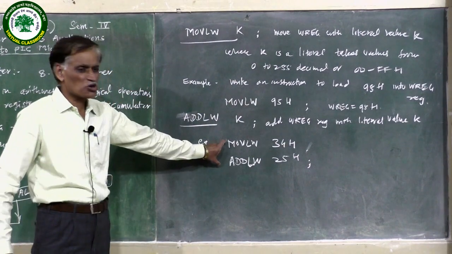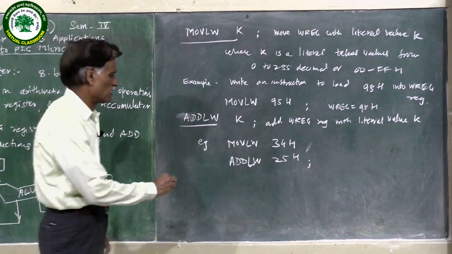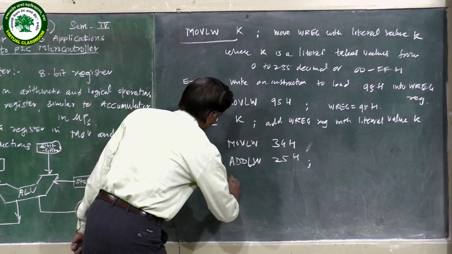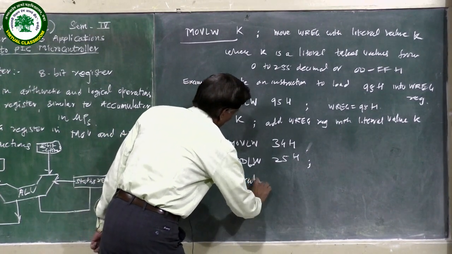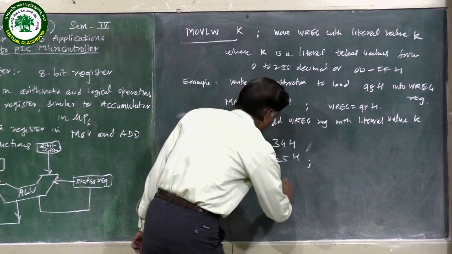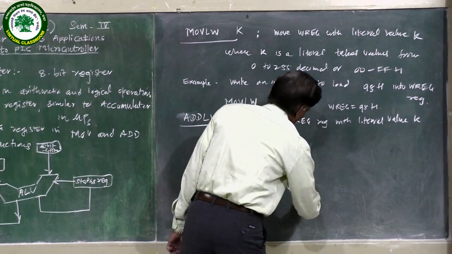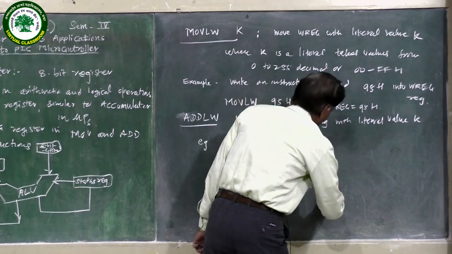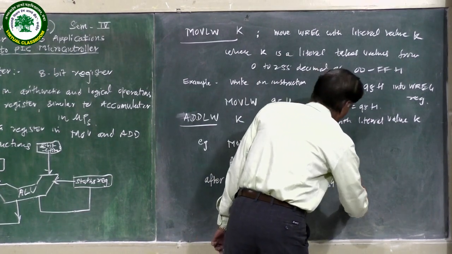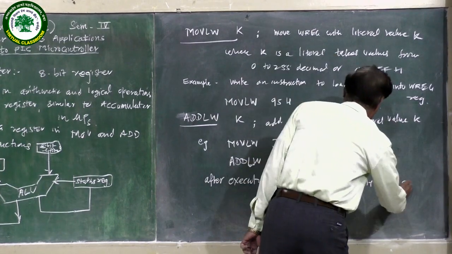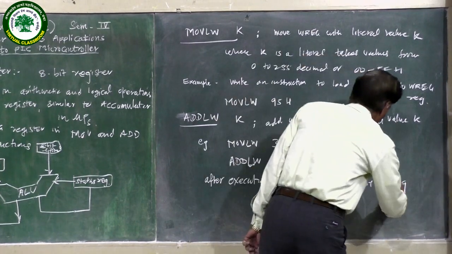Now after execution of this particular instruction, WREG is equal to 34H plus 25H, that is equivalent to 59H.